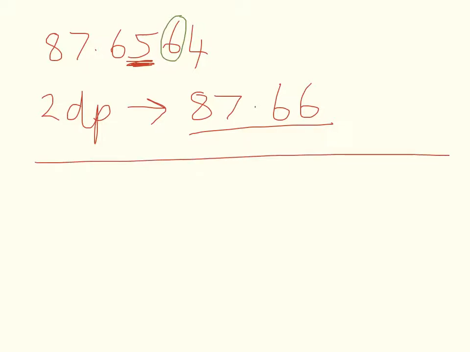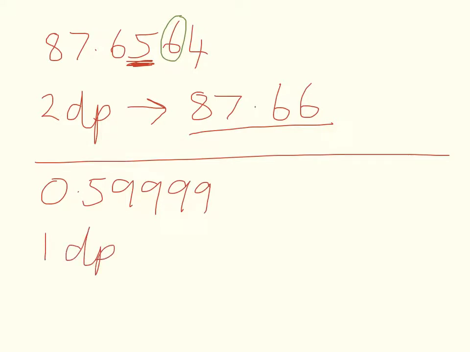Okay, now we've got some tricky ones here. Let's try 0.59999. Now to one decimal place, we have a look at the 5 and we look at the next digit. Is it a 5 or above? Yes, it is, so I'm going to round up. So that's quite easy. That's 0.6 to one decimal place.